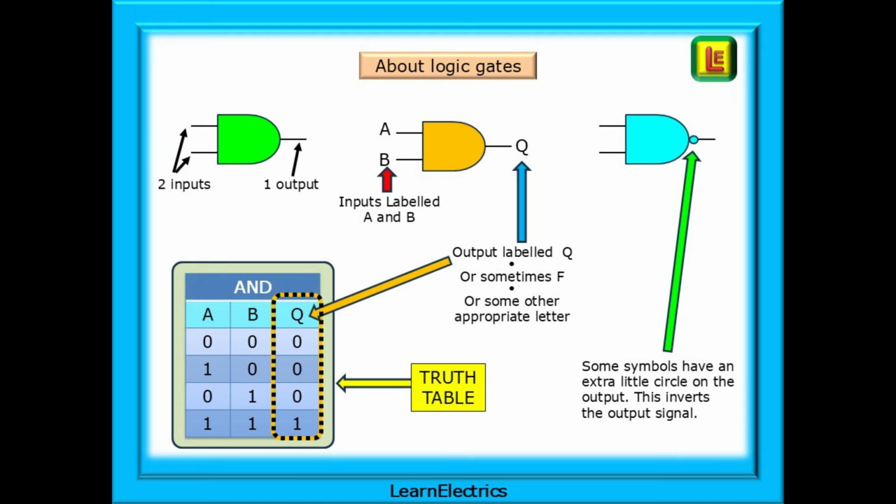A truth table is shown bottom left. It shows us what the output signal will be based on what the inputs are, and we will look at truth tables soon. Some symbols, the blue symbol above, have an extra little circle on the output. This inverts the output signal so that a 1 becomes a 0 and vice versa, called a NOT function.